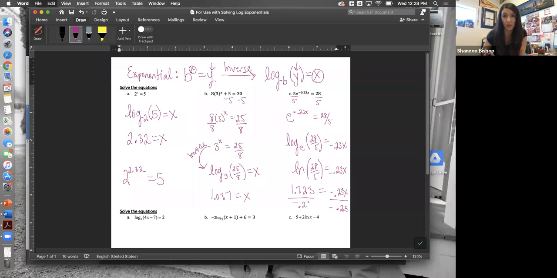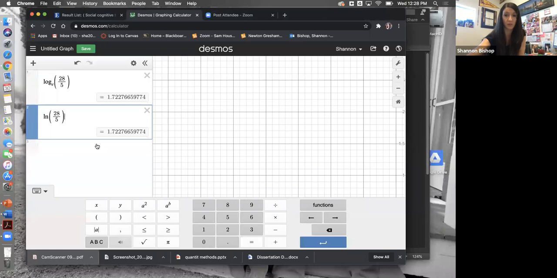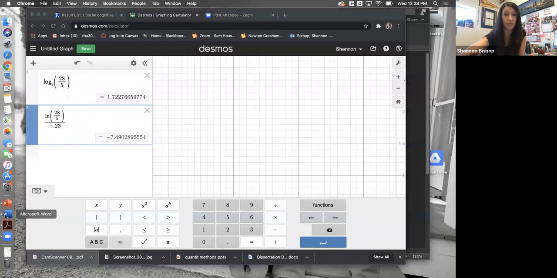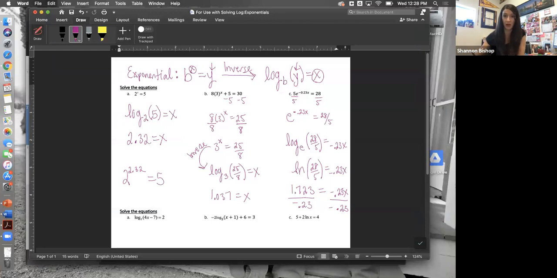So whatever that answer is divided by negative 0.23, it turns out the final answer is negative 7.49. I am running out of room. X equals negative 7.49. That right there is the final answer.